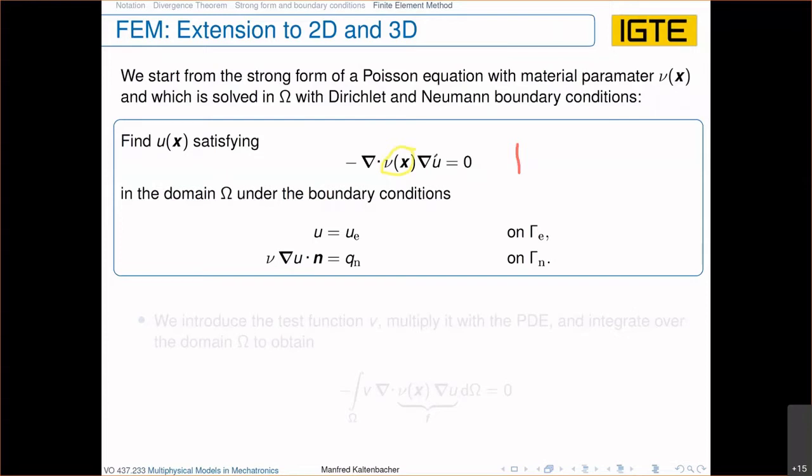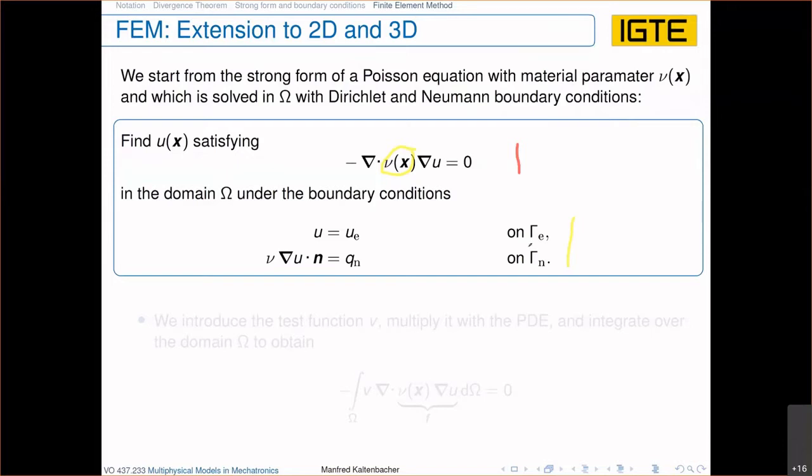U could be, for example, the scalar electric potential, and nu could be the permittivity. And in order to get a unique solution, we have fully defined the boundary. On one part of the boundary, which we will call the essential boundary, gamma E, E for essential, we have a Dirichlet boundary condition, so we know the physical quantity there exactly.